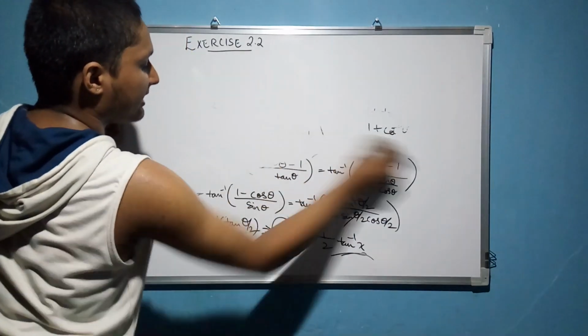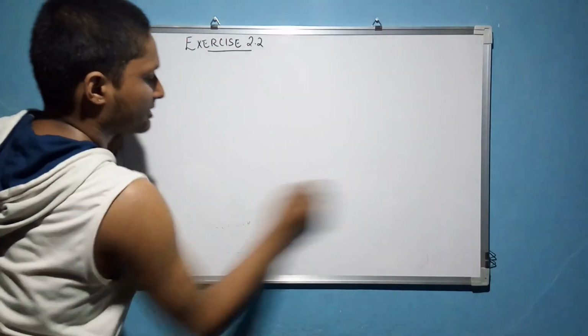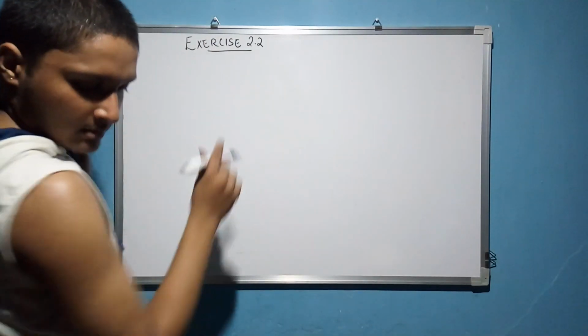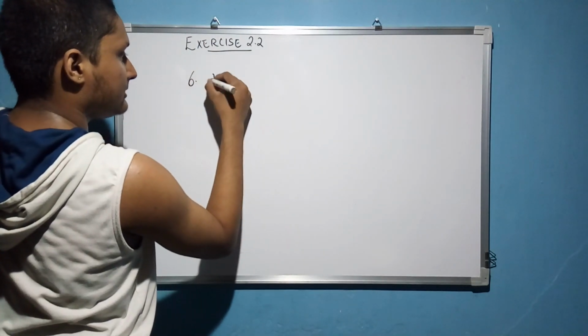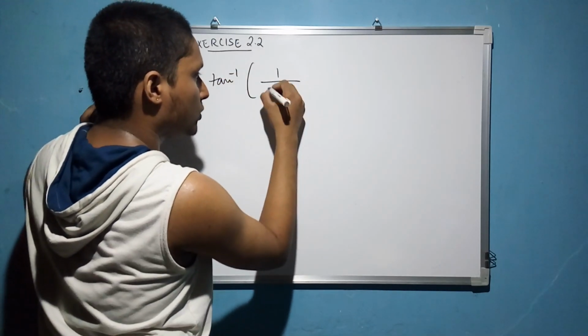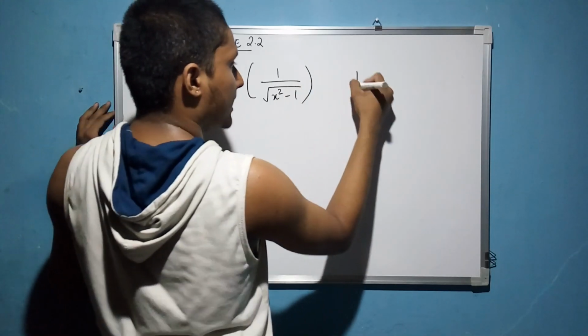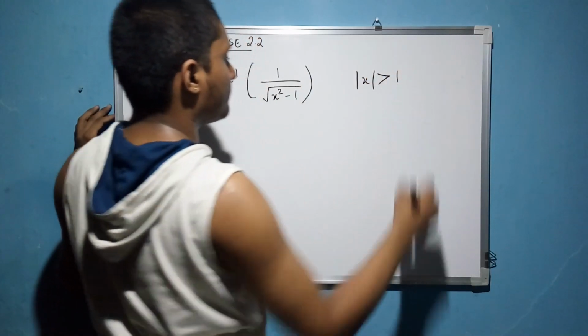Sixth question is again the tan inverse. Many times it comes to be tan inverse only. Now you have tan inverse 1 by root of x square minus 1, and the condition given is that the modulus value of x is always greater than 1.